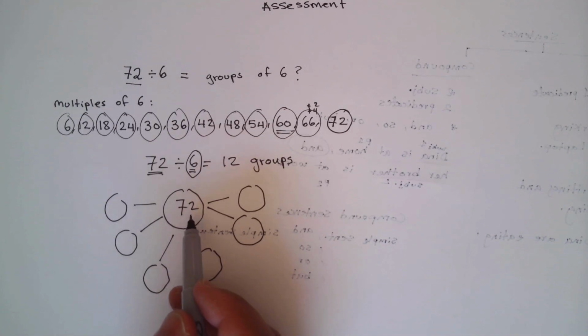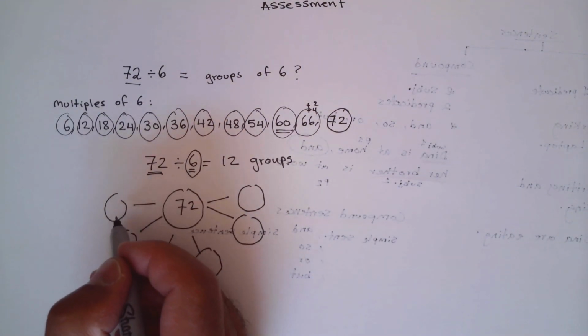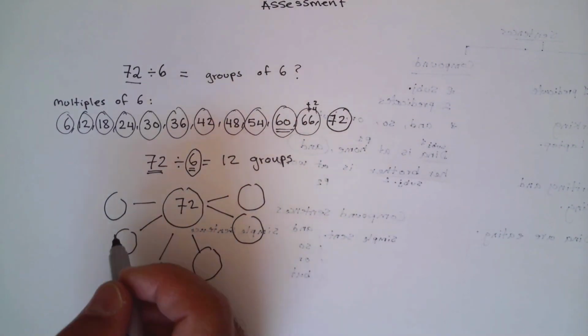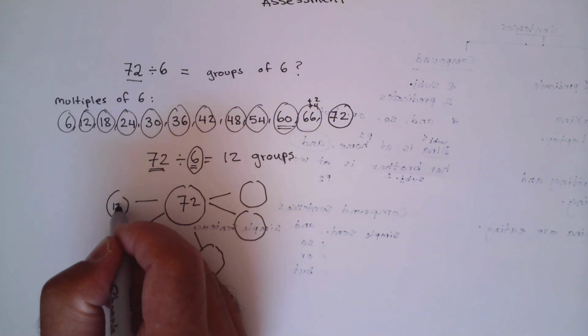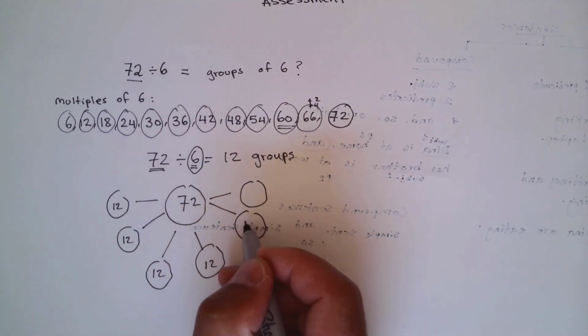If we were to take 72 and share it equally over 6 groups, how many will each group get? We already answered the question, but if we think more about it, it's 12 groups, 12 and 12.